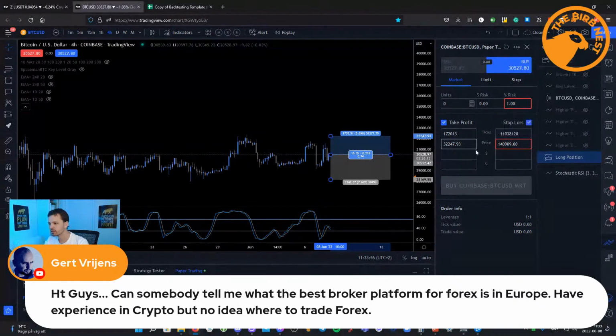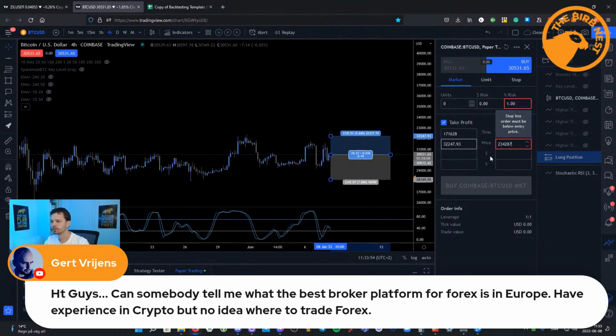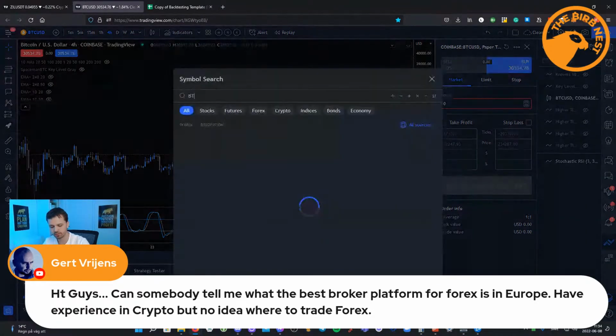All right, that's a bit off, but stop loss should be here. Why is this not working? Whatever, let's remove this. So weird. Let's try something else.